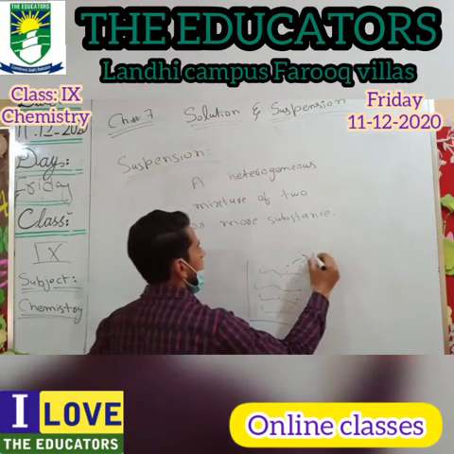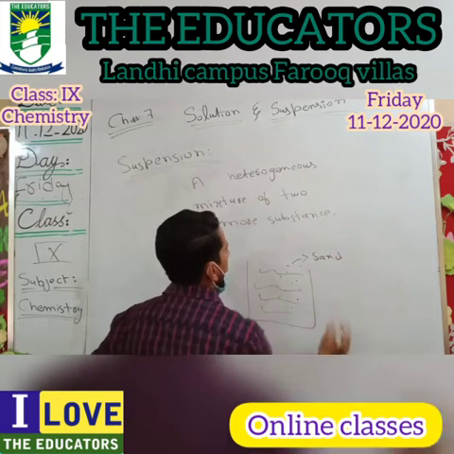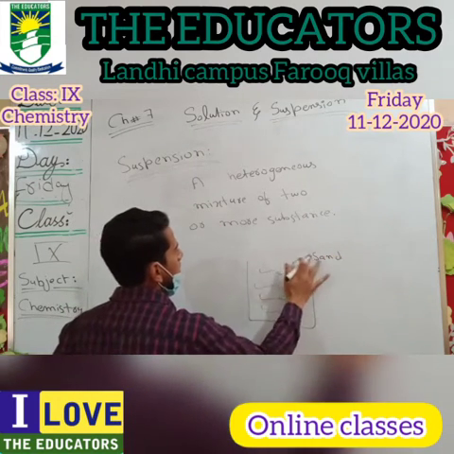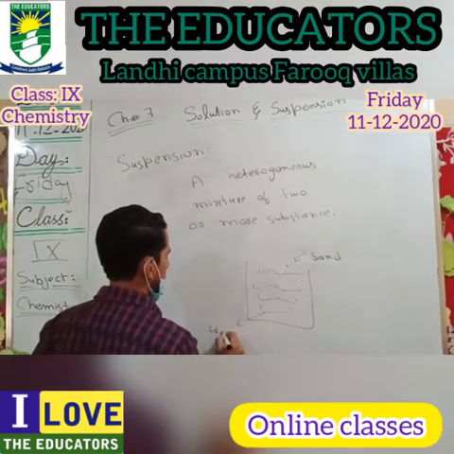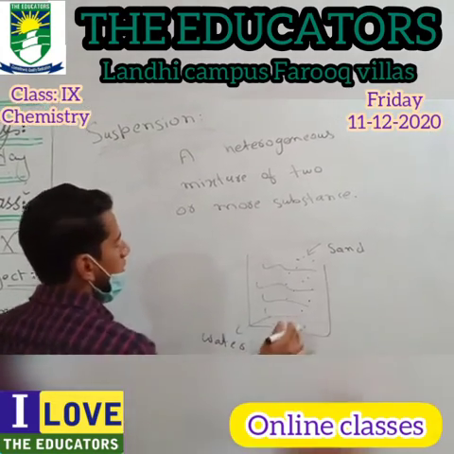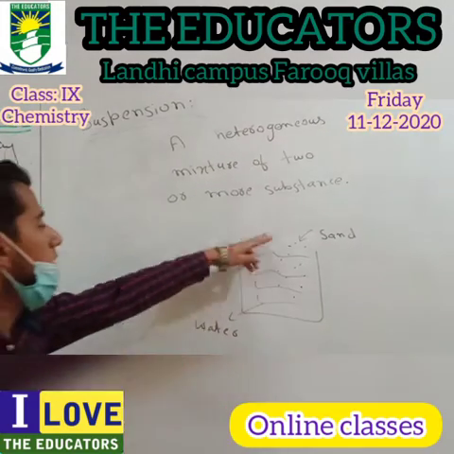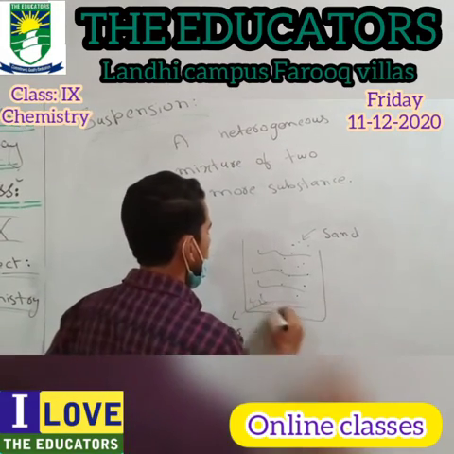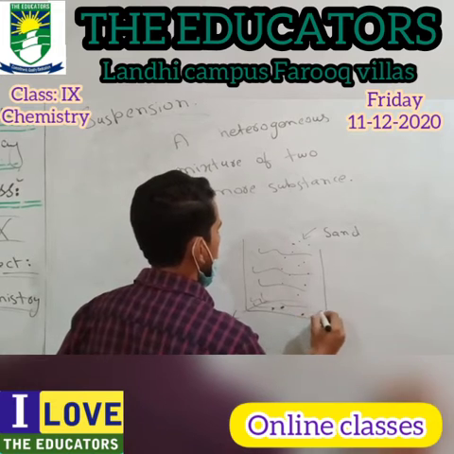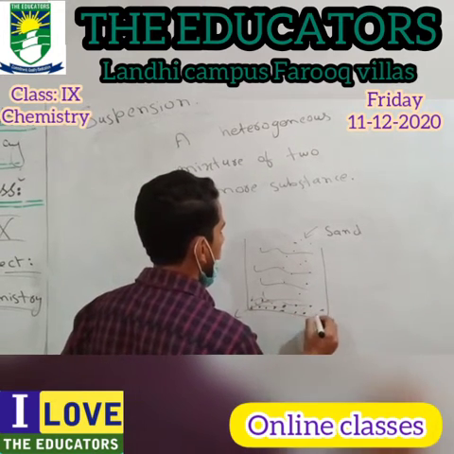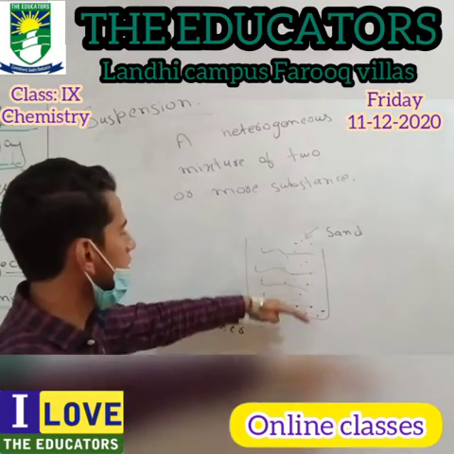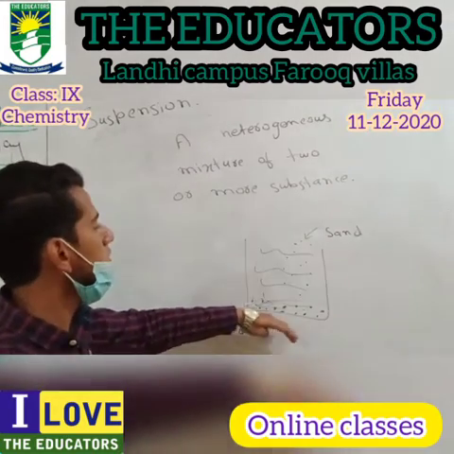Now what if I put sand in a jar full of water? Definitely that sand will not dissolve in water, so eventually we will have sand particles at the bottom of the jar. All the sand particles will settle down. It will not dissolve in water.